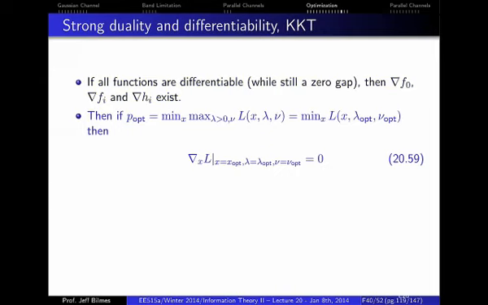So P opt is equal to this minimax optimization problem, which is equal to min over x of L at the dual optimal solutions. So what that means is that if we take the derivative of the Lagrangian at x equal to x opt, lambda equal to lambda opt, and nu equal to nu opt, then that derivative is going to be equal to 0. So it's another necessary condition for optimality.